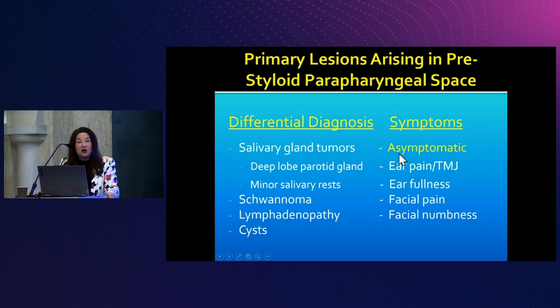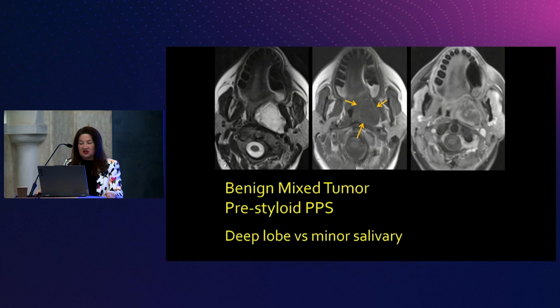Symptoms that make me nervous: if somebody's coming in and they've got ear pain or symptoms referable to the temporomandibular joint, ear fullness, facial pain, or facial numbness, I become very concerned, and you should check every corner of your film for involvement of cranial nerves, etc.